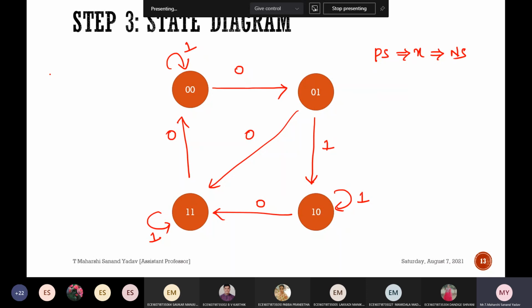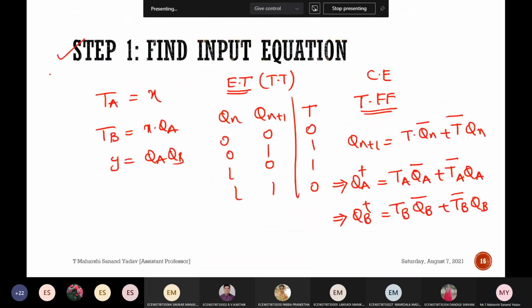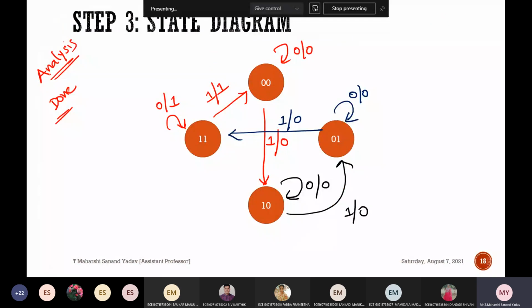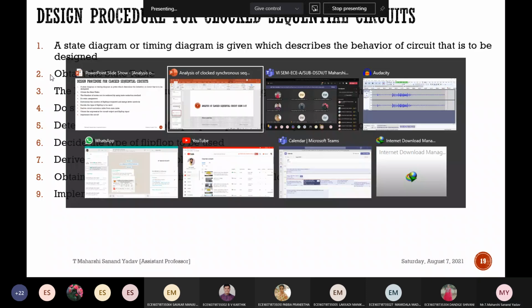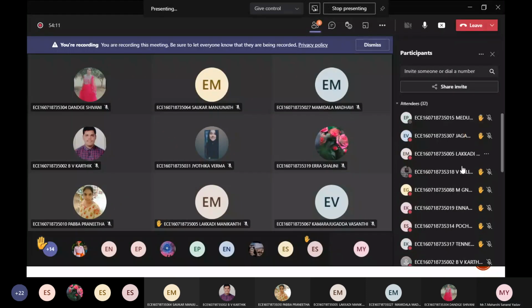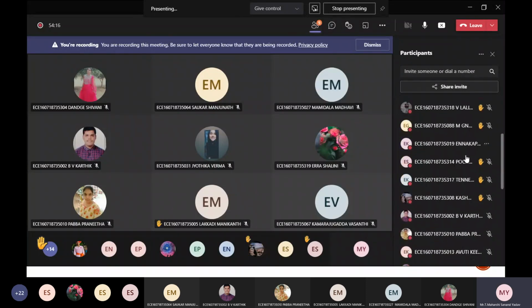So who will answer how to detect a sequence 1010? How to detect a sequence 1010 by using a Mealy finite state machine. Fifteen is absent.